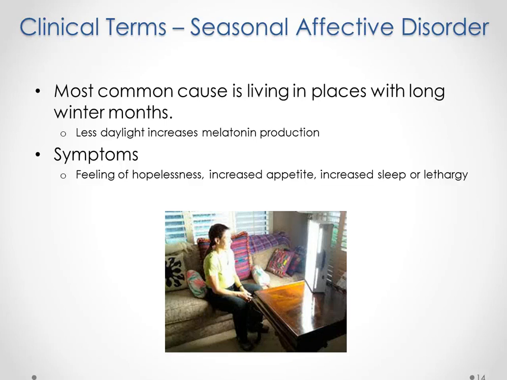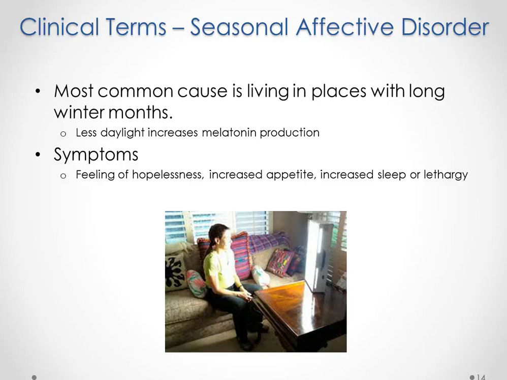When there's not a lot of daylight, it's going to increase the production of that melatonin. That melatonin makes you drowsy and everything, but if you have increased amounts of this melatonin, you could have feelings of hopelessness, increased appetite, increased sleep, or lethargy.